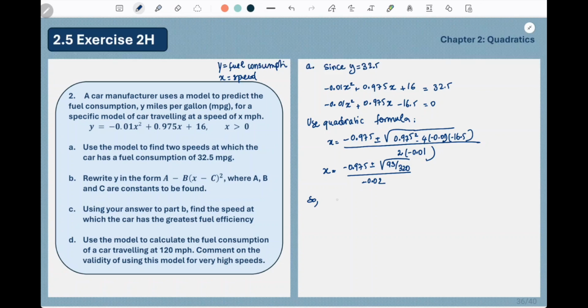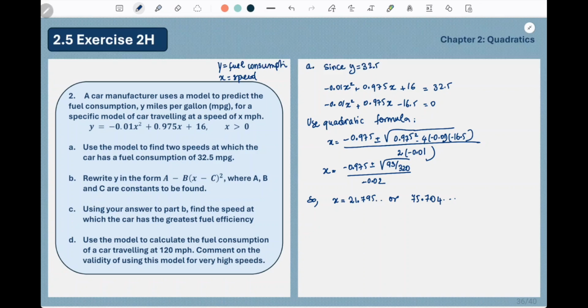So x is either 21.795 or 75.704. I'd like to keep them at three significant figures.